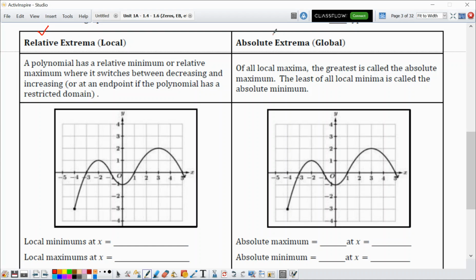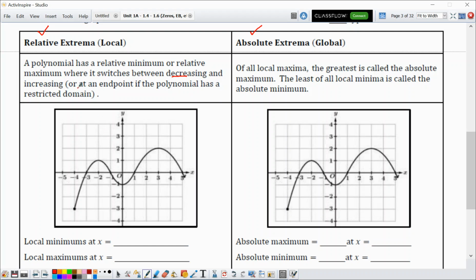Absolute is the same as global, but most of the time we use the word absolute. So what is a relative max or min? A relative max or min could happen anywhere relative to the other values in the graph, where the graph switches between decreasing to increasing or increasing to decreasing.